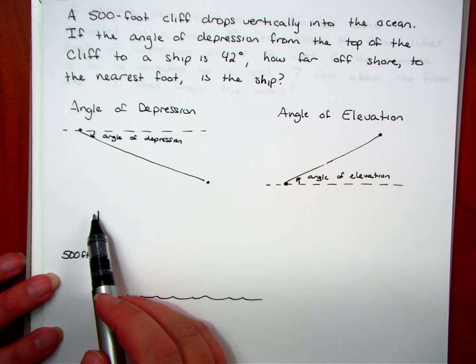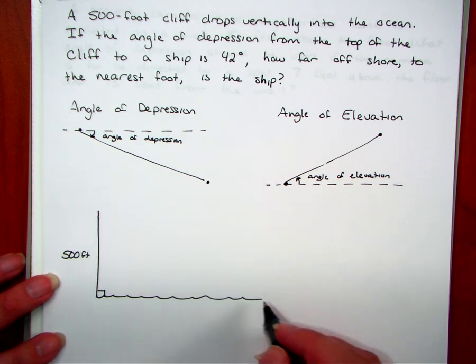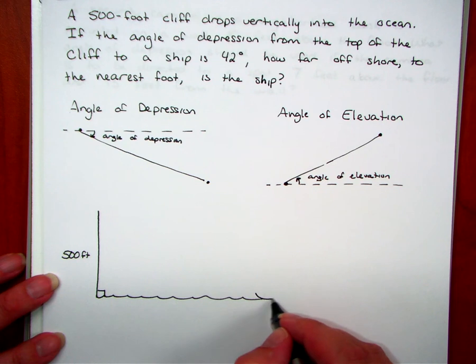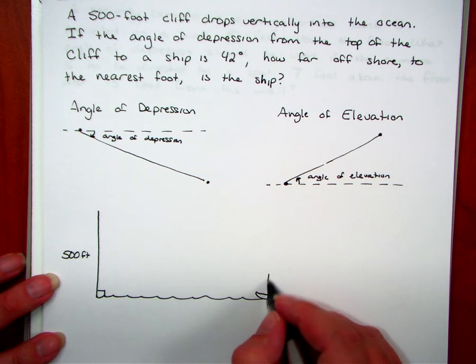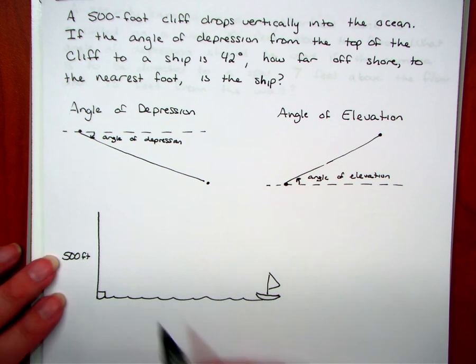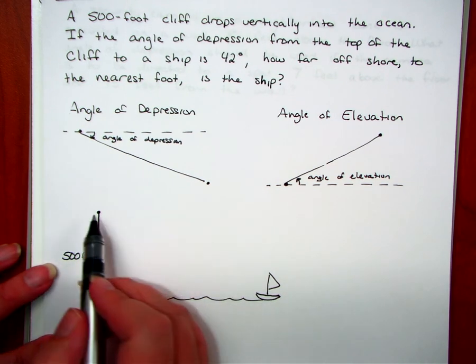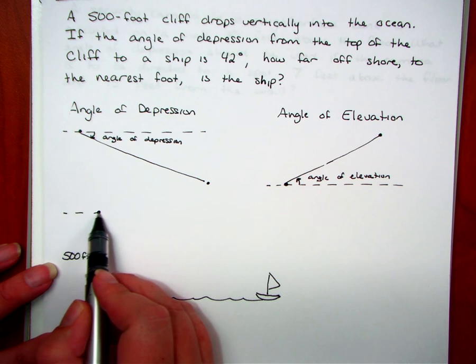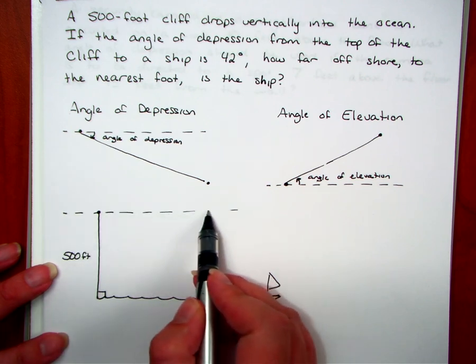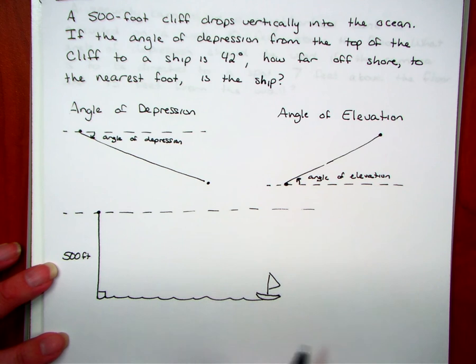Right? So the angle of depression from the top of the cliff to a ship is 42 degrees. So I'm going to draw a ship out here from the top of the cliff. Okay, so here's my point. And so if I were to kind of draw a dotted horizontal line, this is where the angle of depression is going to emanate from.